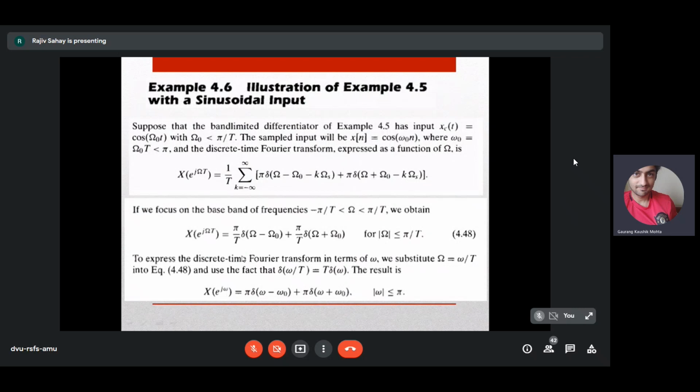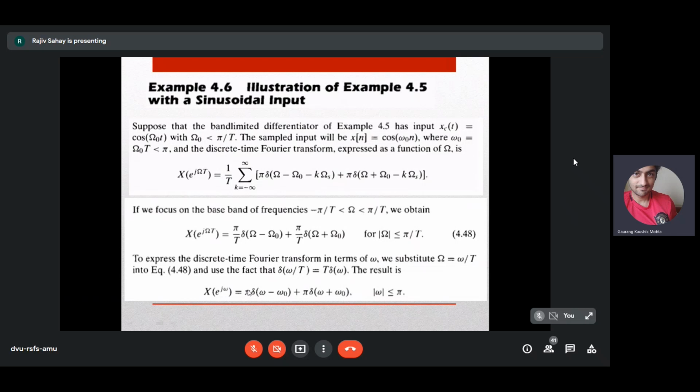Now to express the discrete time Fourier transform in terms of small omega, we can apply the formula that delta of kx is equal to 1 by mod k into delta x. If you do that the reverse way, 1 by mod k delta of x is equal to delta kx.